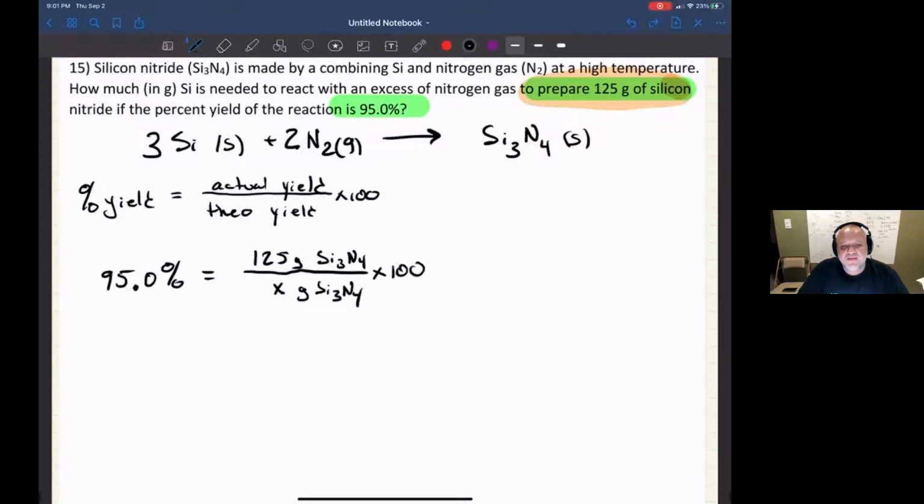I can solve it algebraically, and what I get is 132 grams of theoretical yield. So if you take 95% of 132 grams, you get 125 grams. And so now I've got my theoretical yield.